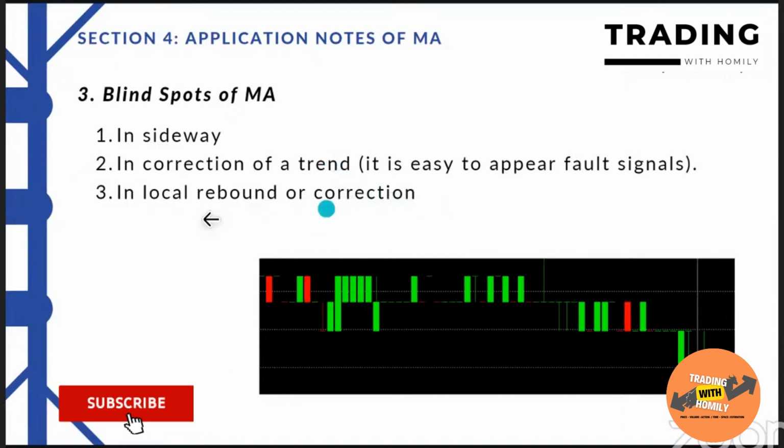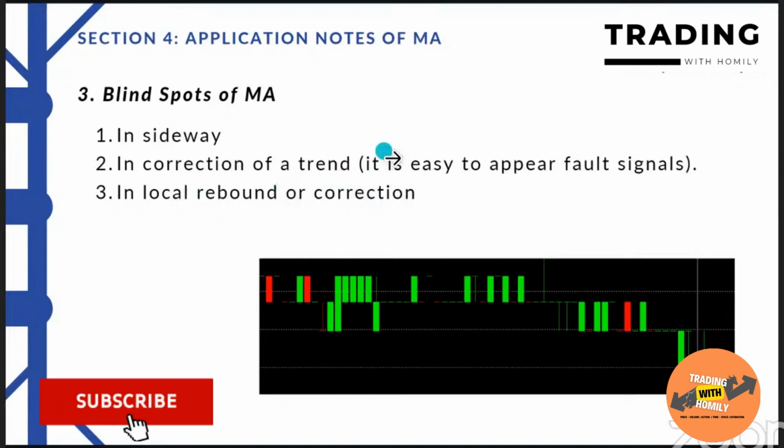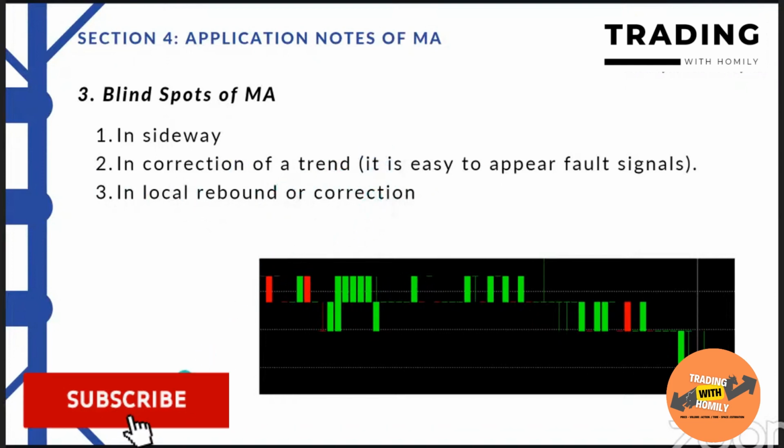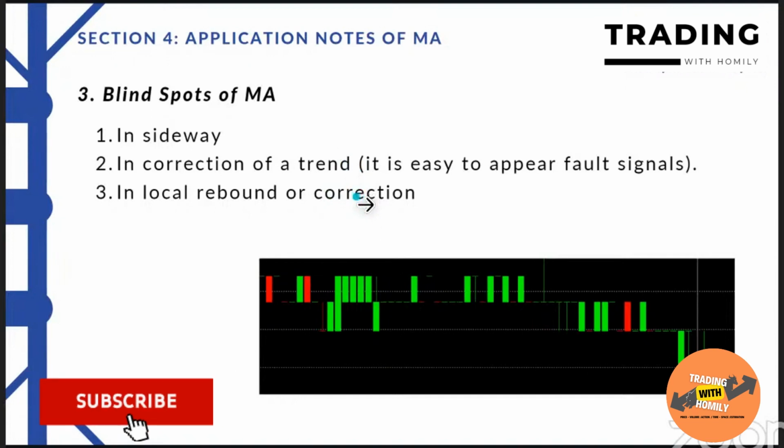The second is in correction of a trend. How to say the correction of the trend? Because sometimes the trend is in an uptrend, but suddenly got some correction, but the MA will follow the price. Follow the price going up or down. So it may let you confuse also.